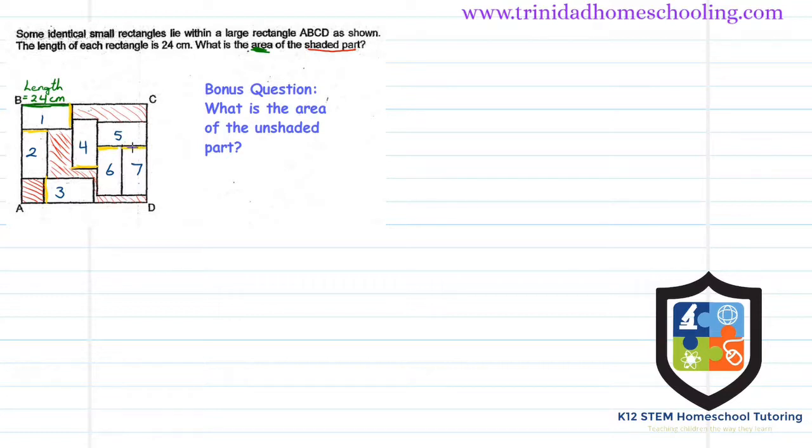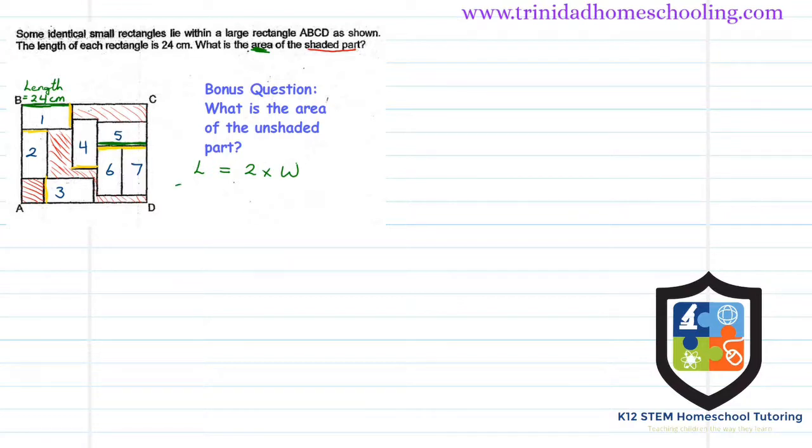And we notice that the width of 6 and 7 completely makes up one length of rectangle number 5. You notice that? This means that the length of one rectangle is equal to 2 times the width. Do you see that? Great.